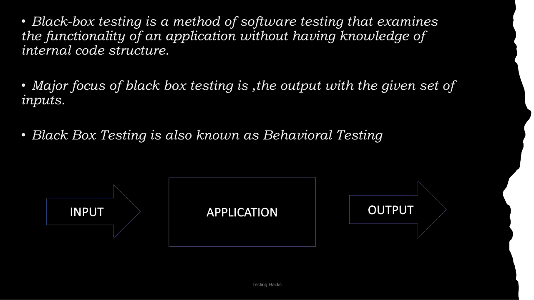The major focus of black box testing is the output, wherein you are giving a set of input to the application. If you can see here, we are giving a set of input to the application which will result in the output. We will discuss more about it. So this is just the definition of black box testing.